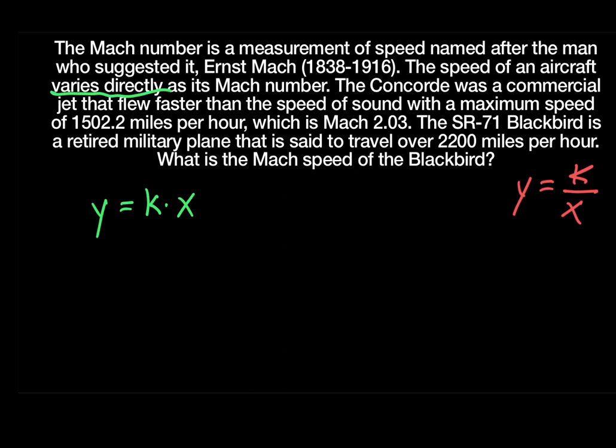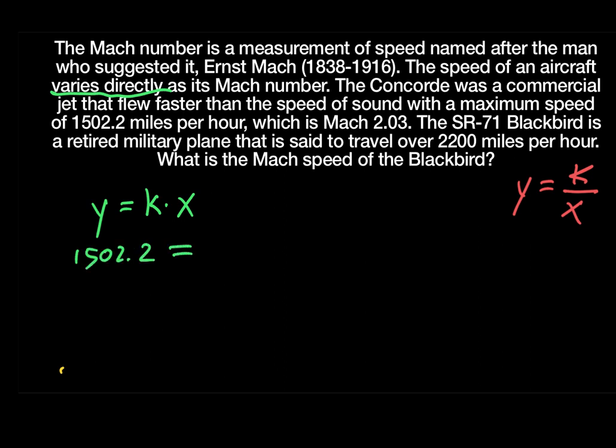All right, because direct variation means as one goes up, the other goes up. So it's a direct variation as its Mach number. The Concorde was a commercial jet that flew faster than the speed of sound with a maximum speed of 1502.2.